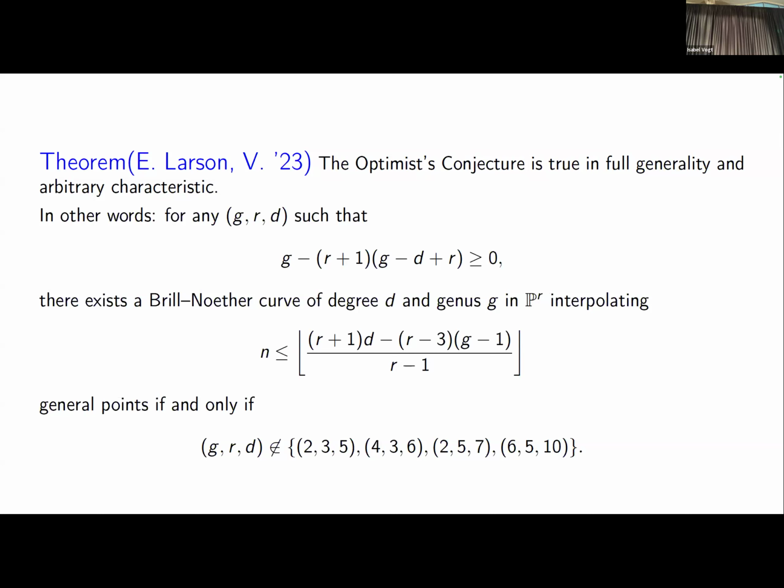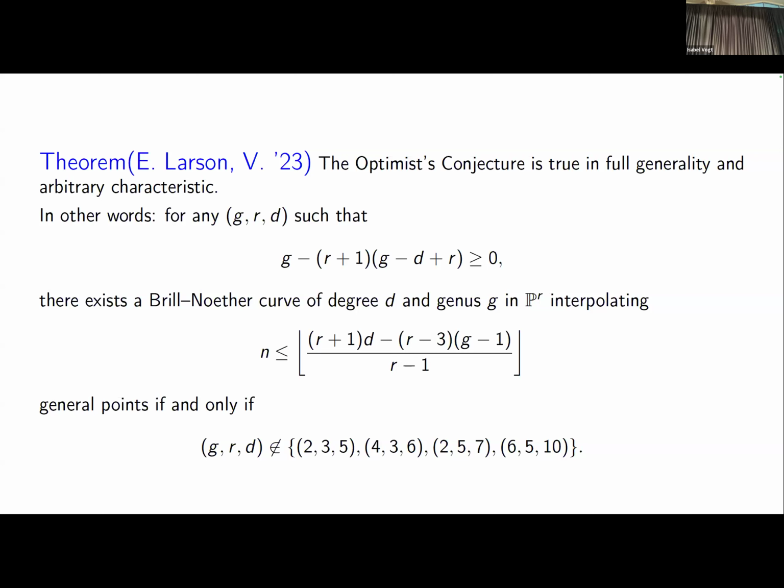This is an if and only if theorem, but really we understand why these are counterexamples. The number of general points is respectively 9, 9, 9, and 11, just the number that the surface can interpolate. So the real content is the converse: if you have any other G, R, and D, it does interpolate this expected number of general points.